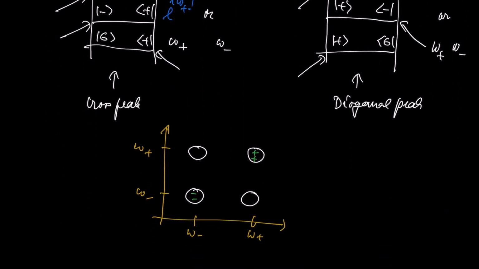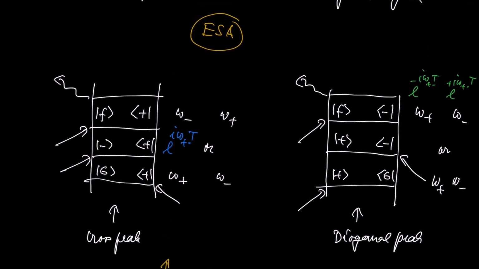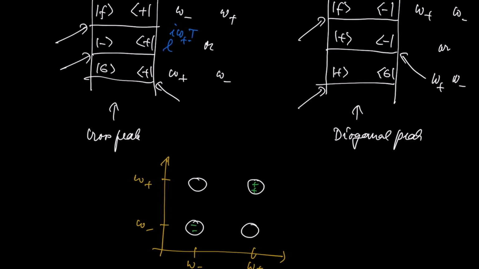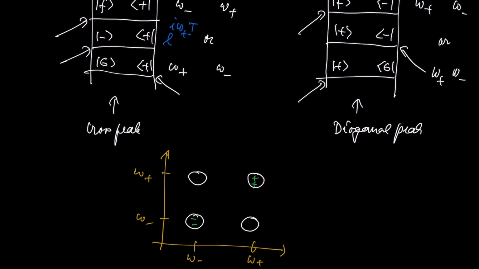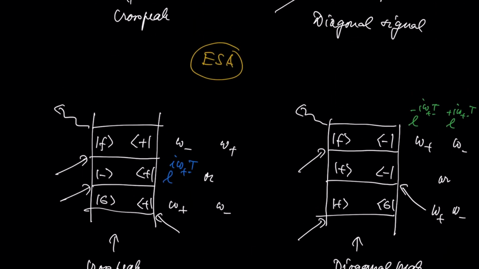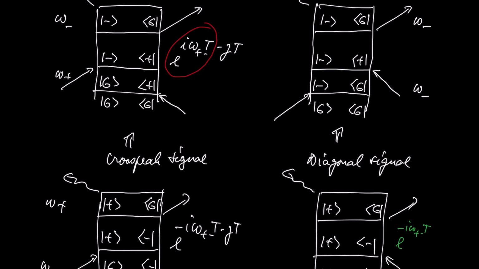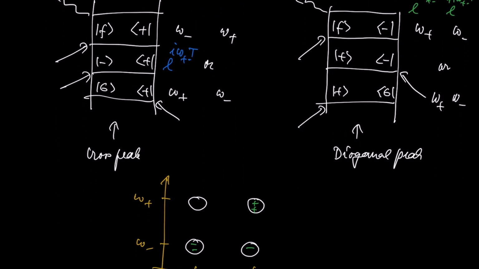And on the off diagonal that originate all from rephasing pathways, we can find correspondingly down here at the plus minus, we have minus, and we can go up here when we look at the plus minus, we have minus, because e to the power of i omega plus minus t, that's the one with the negative frequency.